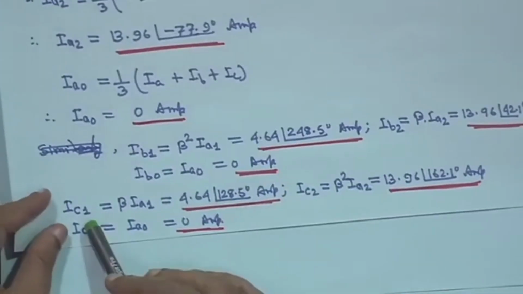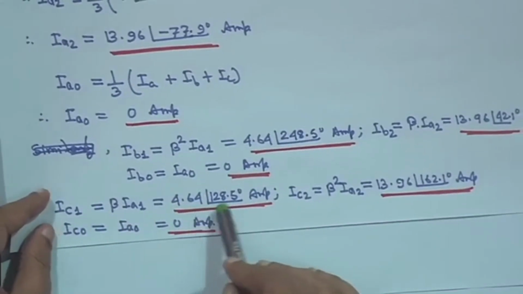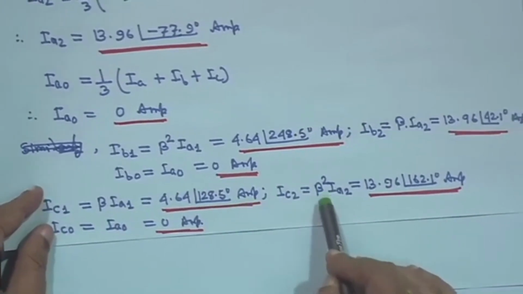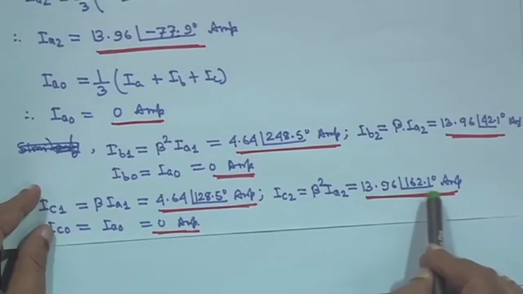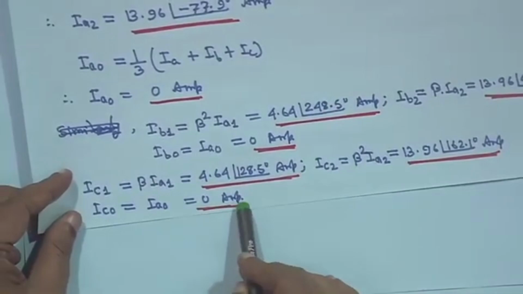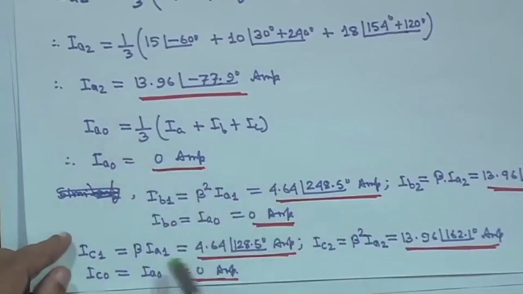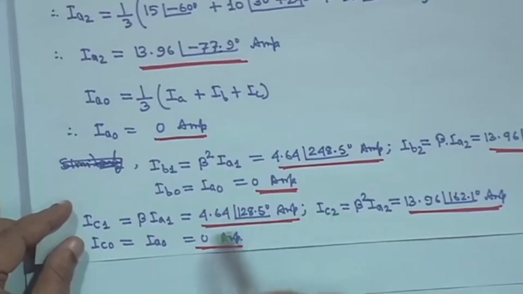Similarly, IC1 is equal to beta IA1, so you will get 4.64 angle 128.5 degree ampere. IC2 is beta square IA2, 13.96, and its angle is 162.1 degree ampere, and IC0 is equal to IA0, which is 0 ampere. So, we got IA1, IA2, IA0, IB1, IB2, IB0, and IC1, IC2, IC0.